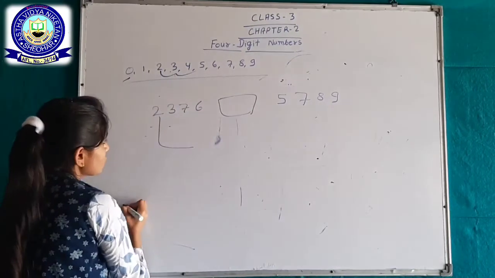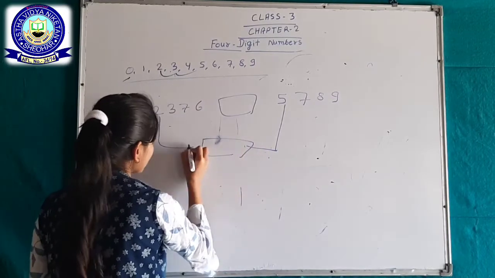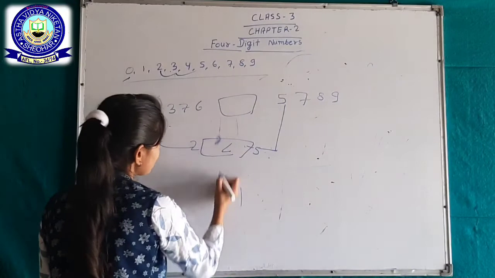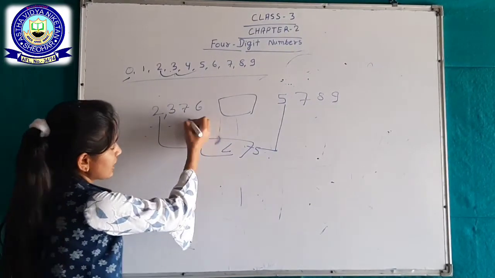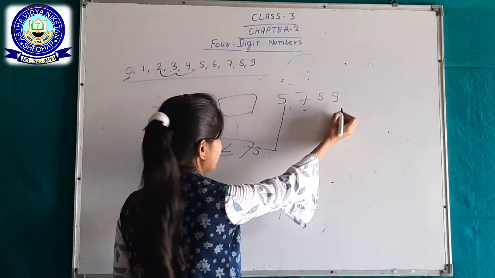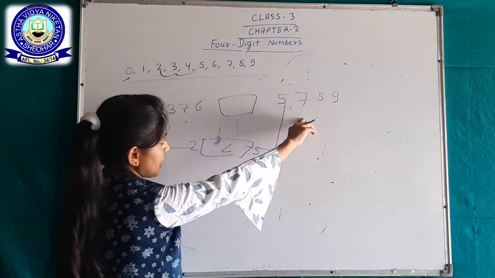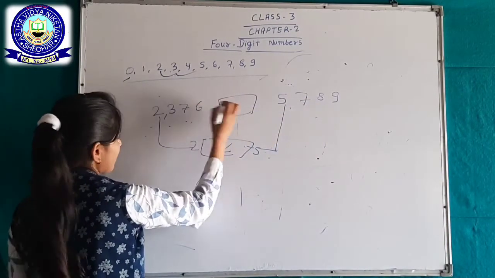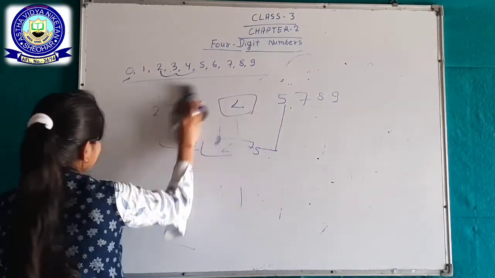Here is 2 and this is 5. Which one is greater? We all know 5 is greater than 2. So 2376 is smaller than 5789. Or we can say in this way, 5789 is greater than 2376. Let's see another example.